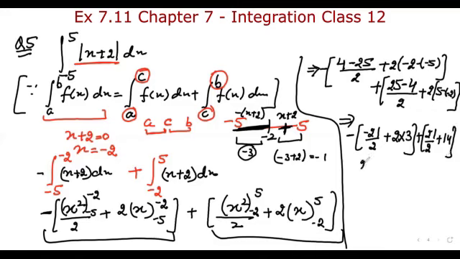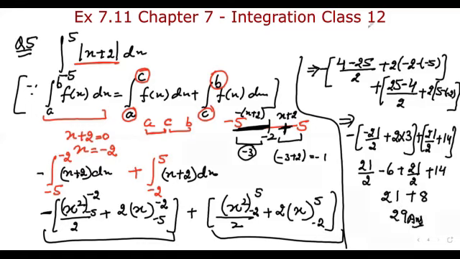So this will be 21 upon 2 minus 6 plus 21 upon 2 plus 14. So 14 minus 6 is 8 and 21 upon 2 twice is 21. So the answer is 29 units.